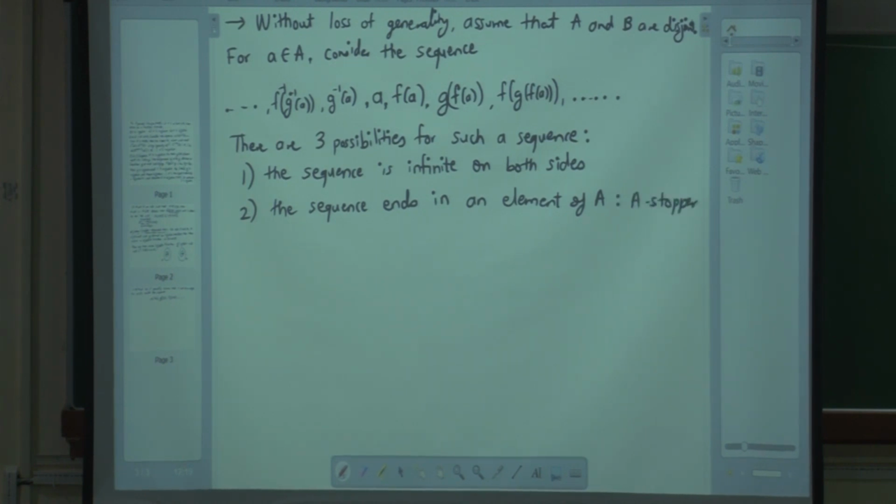For example, if the little a that we started with does not belong to the image of G, then our sequence will stop here. These two will not be there. And third, the sequence ends in an element of B, and that is a B stopper sequence.